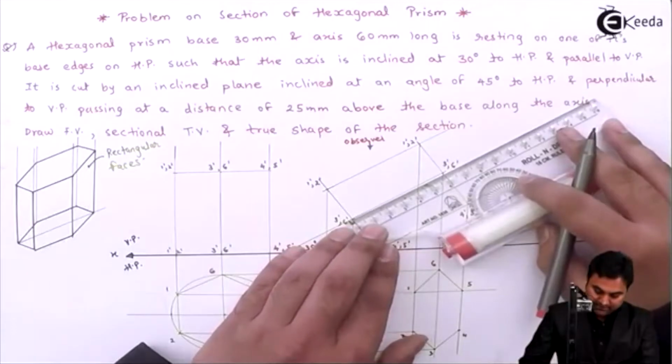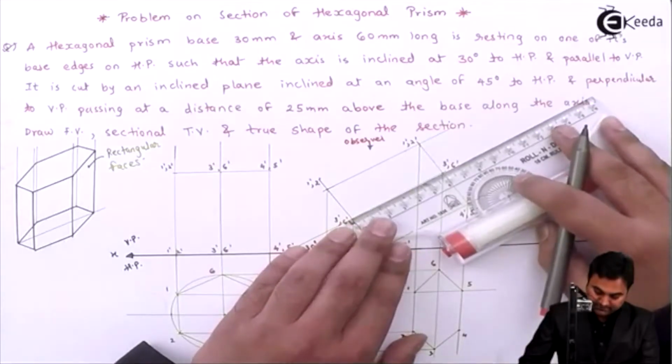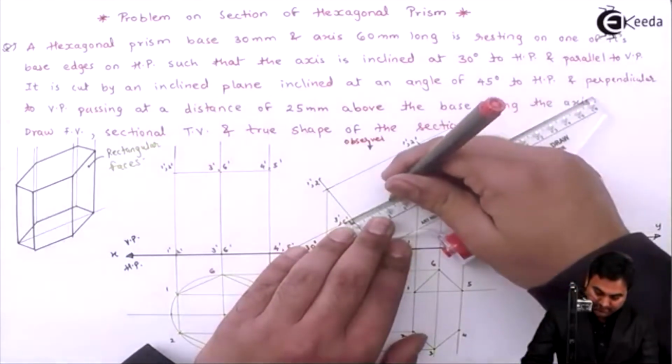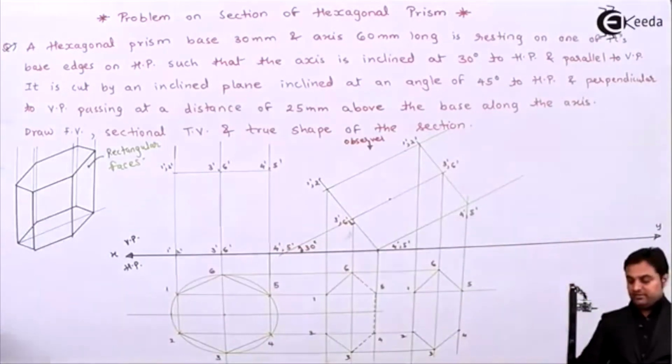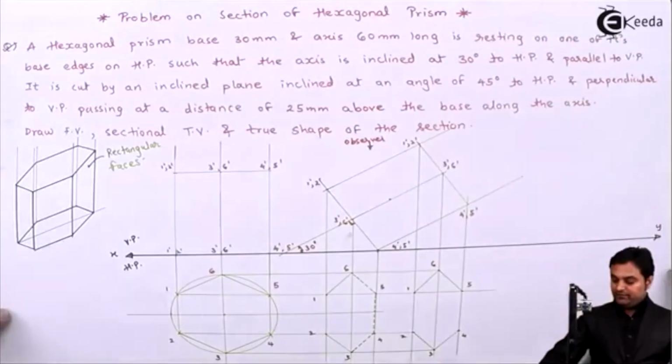So here I have the base, and from that I am going to measure 25 mm above the base. On this axis there will be the cutting plane inclined at 45 degrees.